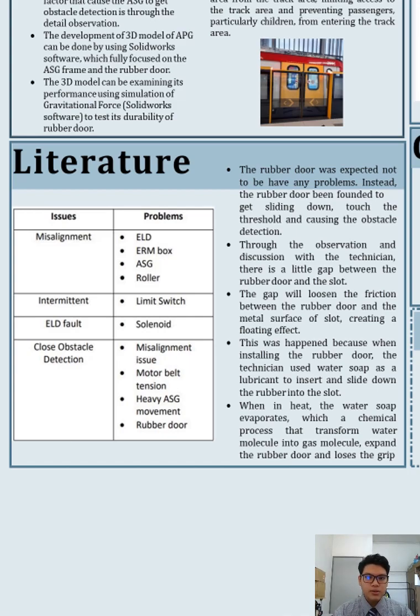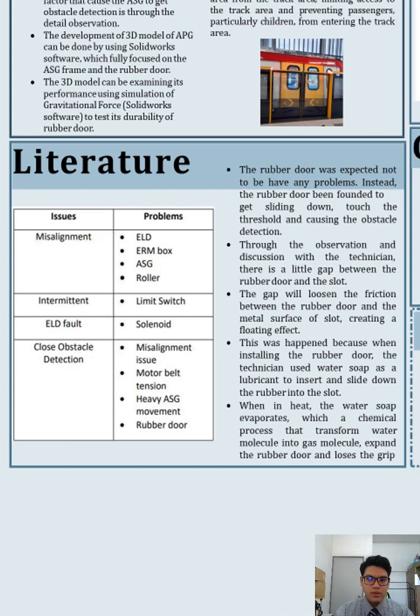Among all the obstacle issues, the rubber door was expected not to have any problems. Instead, the door rubber was found to slide down and touch the threshold, and this causes the obstacle detection. Through the observation and discussion with the technician, there is a little gap between the rubber door and the slot.